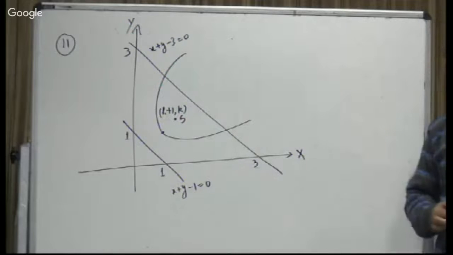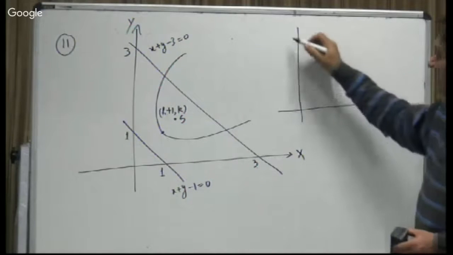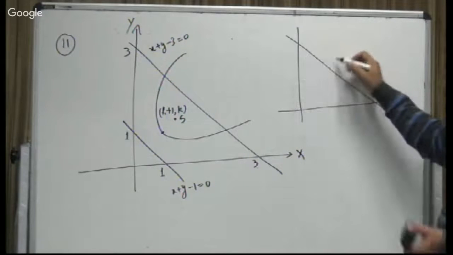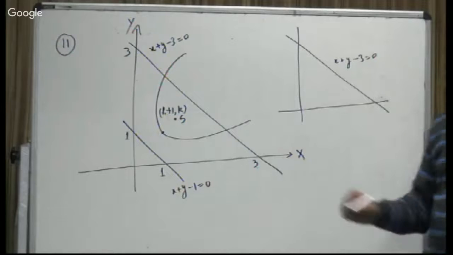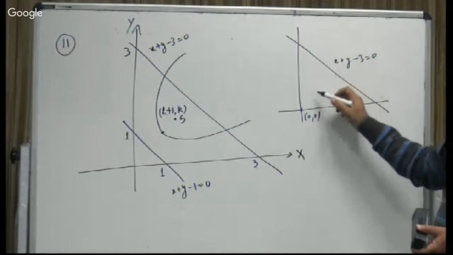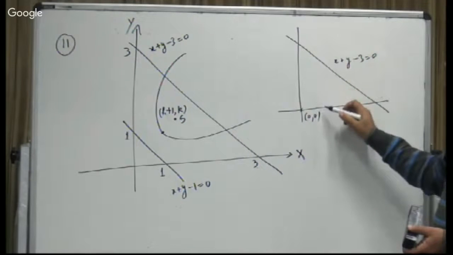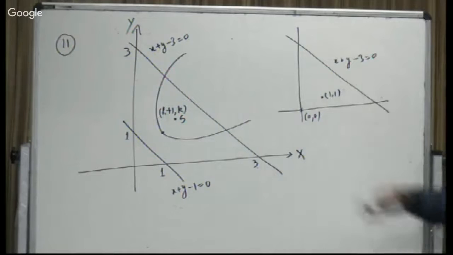See, if there is a line, let us consider this line x plus y, same line I can take x plus y equal to 3, right? Now one point is 0, 0, and let us say another point I am taking here as 1, 1. It will be below the line, somewhere here. Is that clear?